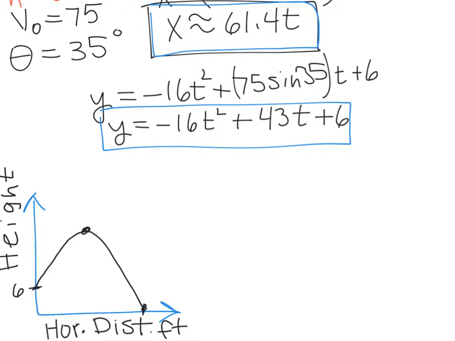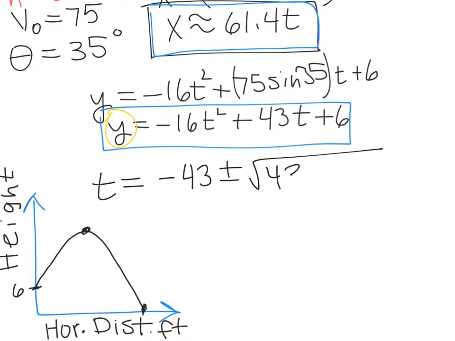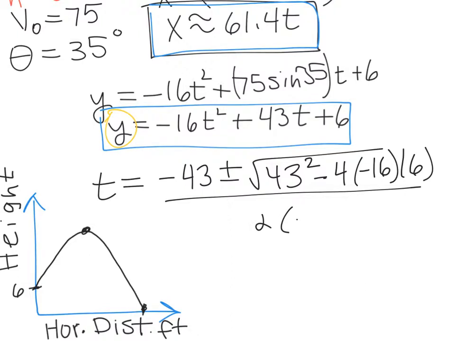Okay, so when does this ball land? When it lands, we would have a height of 0. So we're going to solve this equation for 0, and we can use quadratic formula. So t equals the opposite of b, so negative 43 plus or minus the square root of 43 squared minus 4 times a times c, all over 2 times a.